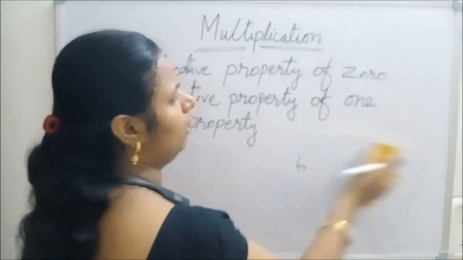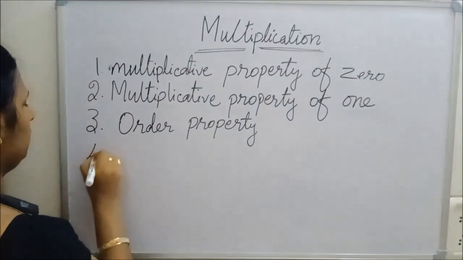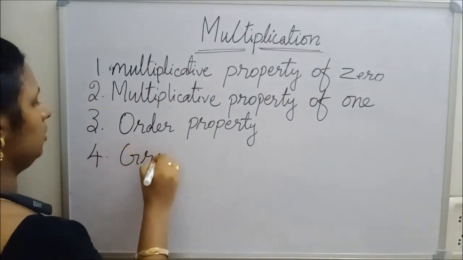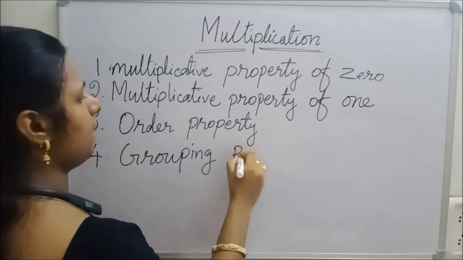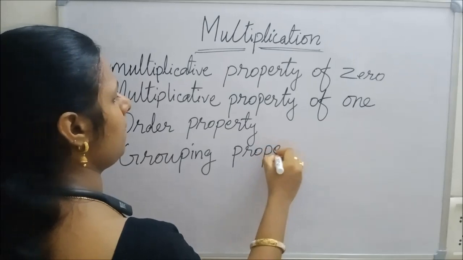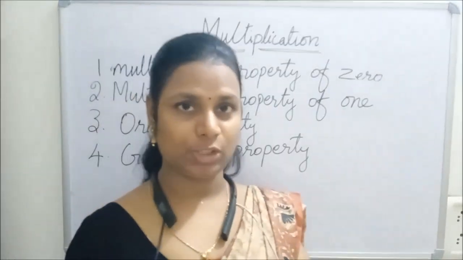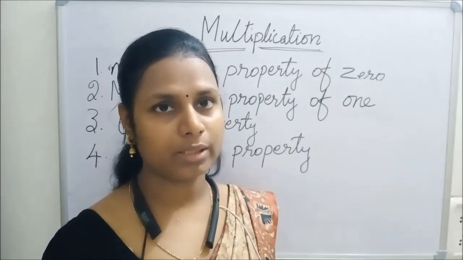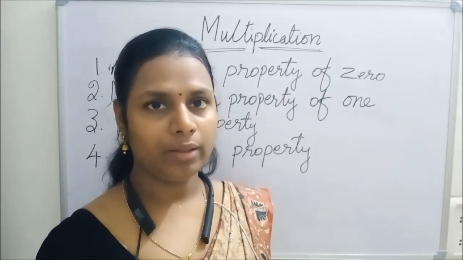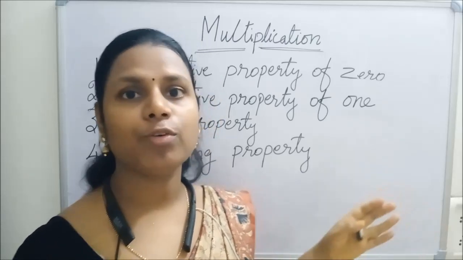Now fourth one is grouping property. Grouping property of multiplication. So when you have 3 or more numbers to multiply, you cannot say the table at random for all the numbers.